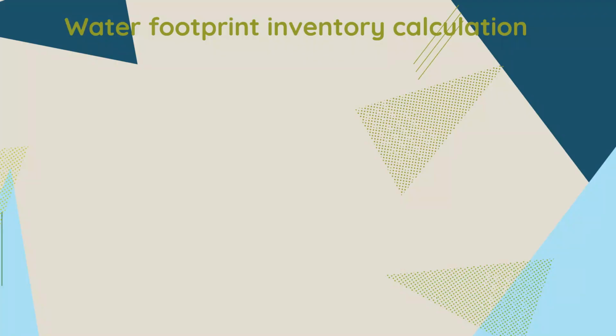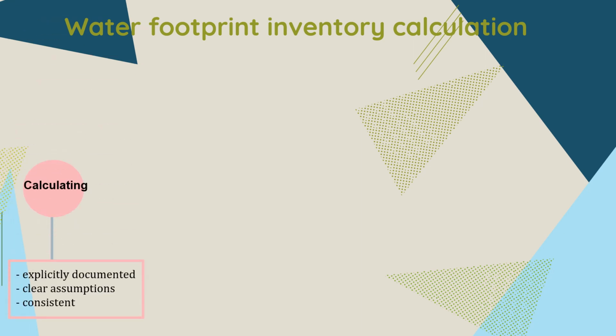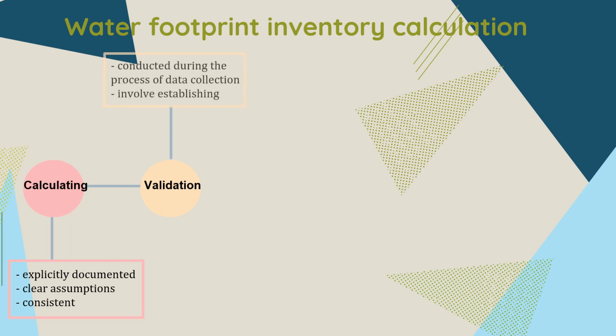Water footprint inventory calculation. Firstly is calculating, which should be explicitly documented, with clear assumptions, and consistent. Next is validation, which is conducted during the process of data collection and involves establishing.